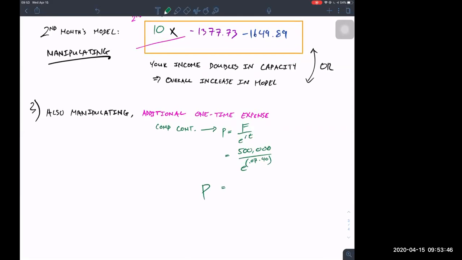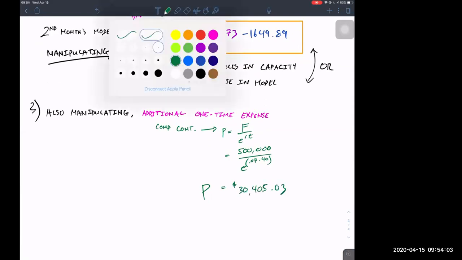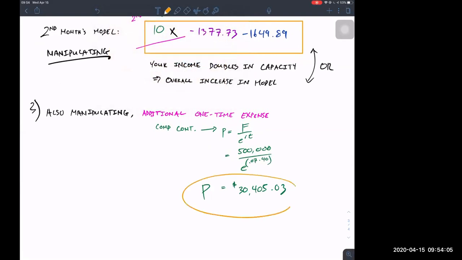I don't know what this answer is, so let me do this really quick for you. E to the 0.07 times 40. Okay, there it is. So here's 30,405 and 0.03, so that's 3 cents. Okay, so this will now become our additional component or piece to the model.